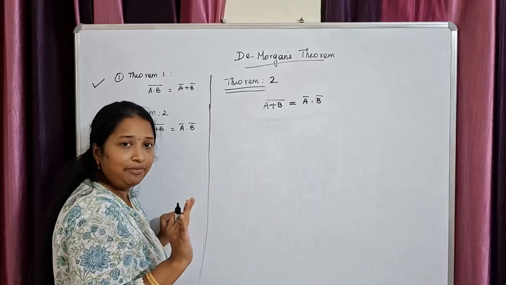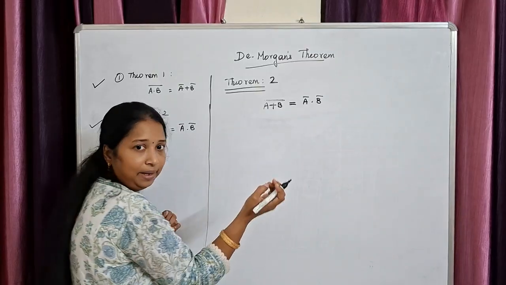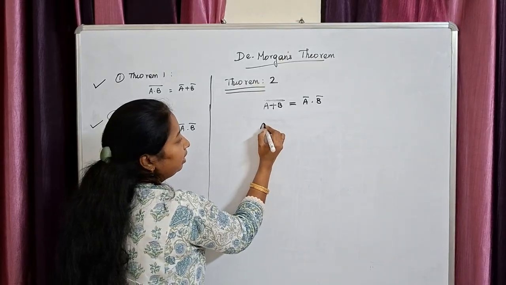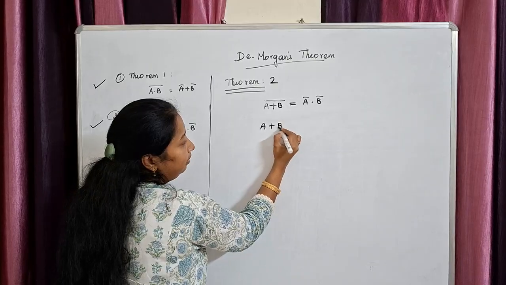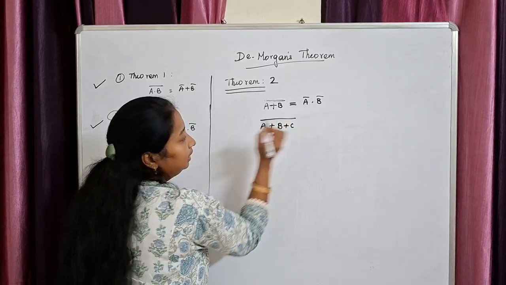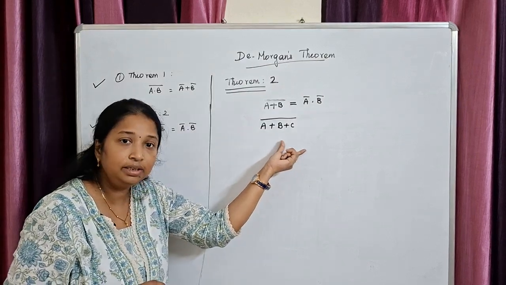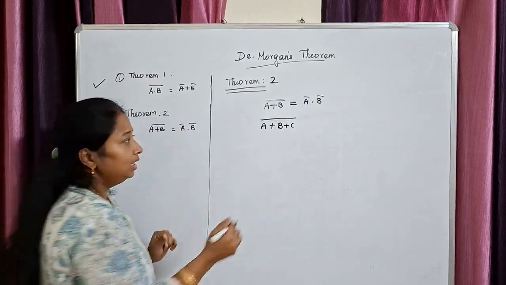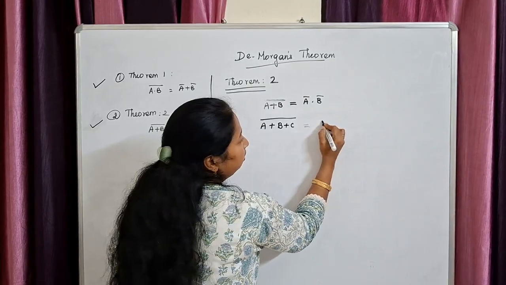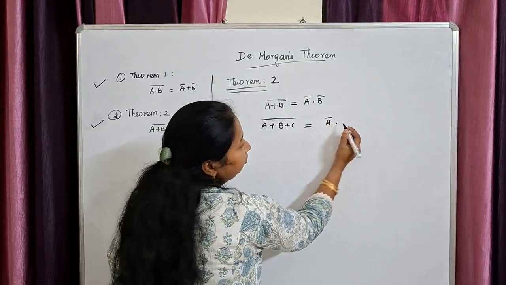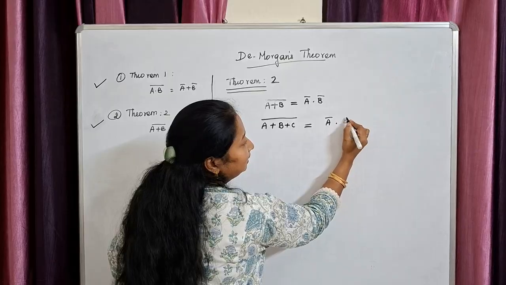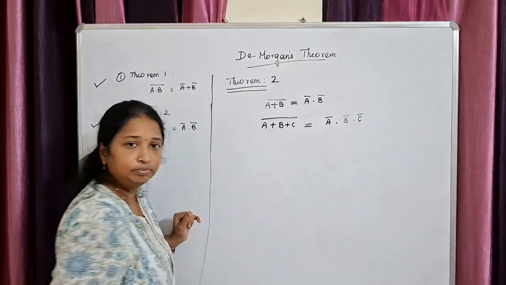Say if you have got three input variables like A, B and C, then the complement of the sum of all three input variables is equal to the product of the complement of every single input variable. Clear?